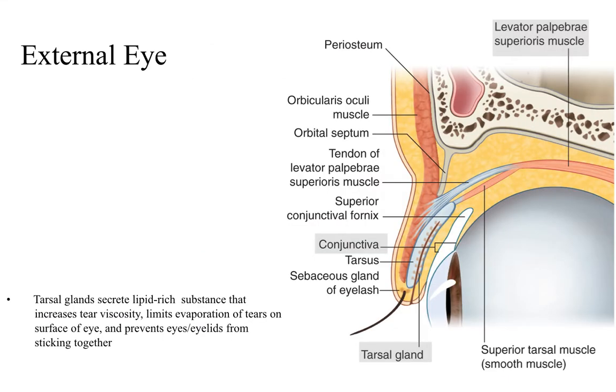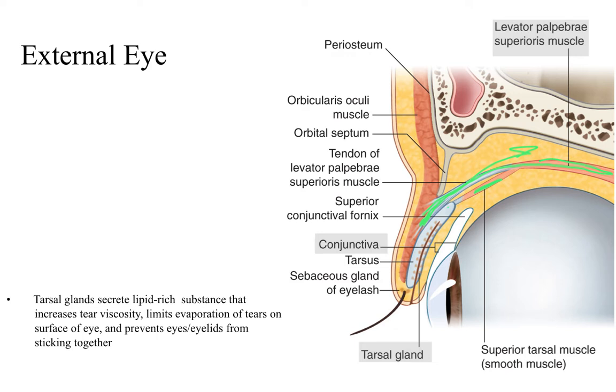Looking a little more closely at the internal structure of the external eye, here is our levator palpebrae superioris muscle, and here it is attached to the eyelid, so it contracts and it's going to open the eye. And then you have the superior tarsal muscle, which is smooth muscle, and that's going to be involved in reflex contractions of the eyelid, although its role is not fully understood.